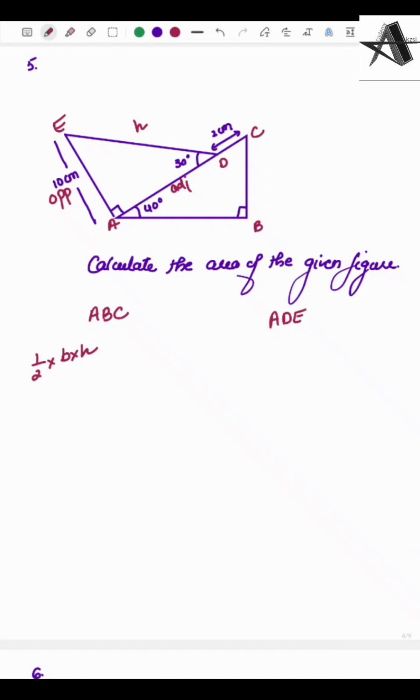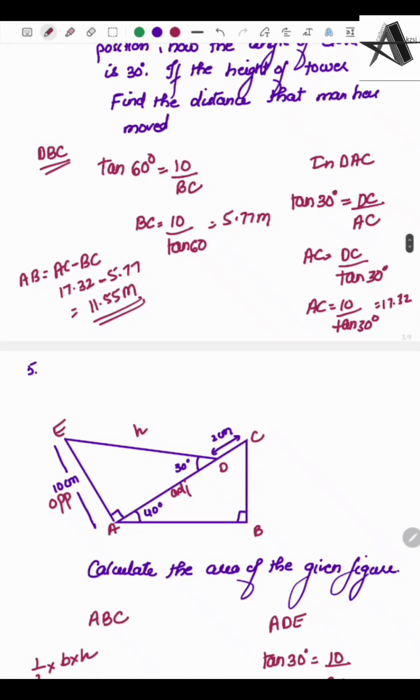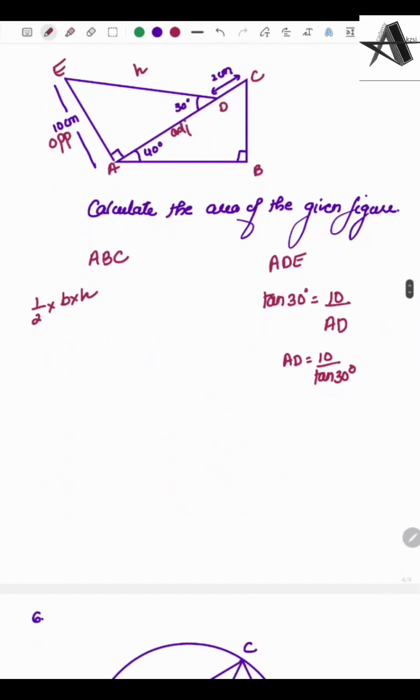So applying tan theta, because tan theta connects opposite and adjacent. So tan 30 degrees is opposite over adjacent, which is AD. On rearranging, as in the previous question where I described how I rearranged it, similarly I'll get AD is equal to 10 over tan 30 degrees. And we just saw 10 over tan 30 was 17.32.